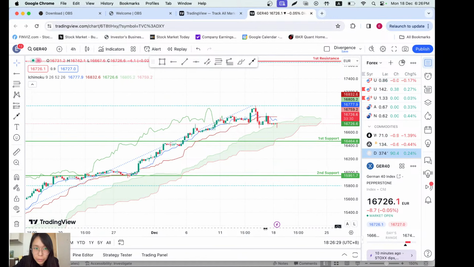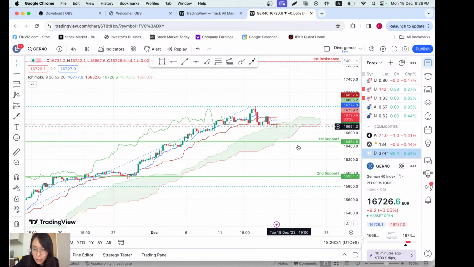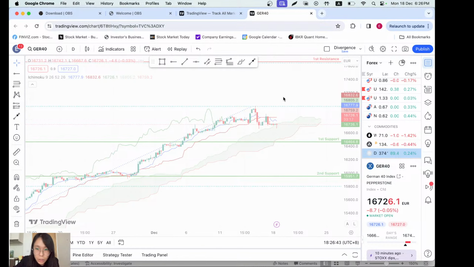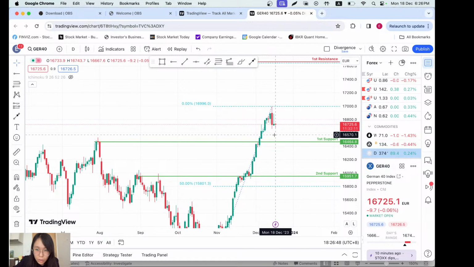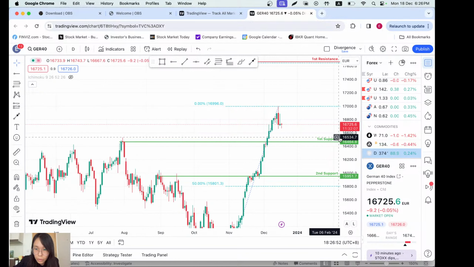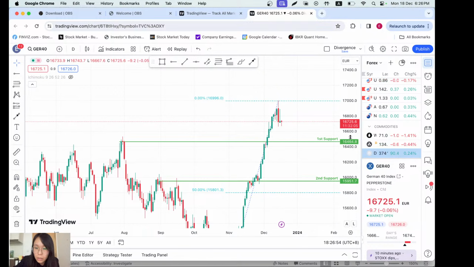So for the H4, it looks like it's going to be on a downtrend as compared to the daily, which is still quite strong. It's coming back down a little bit, but I need to wait for a confirmation candle.